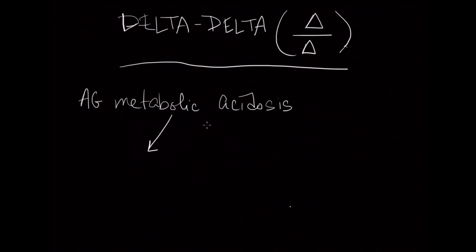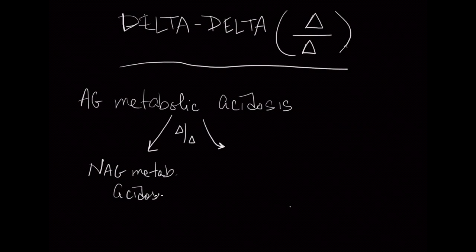You use the delta to determine if you have a superimposed non-anion gap metabolic acidosis, or you have a metabolic alkalosis.